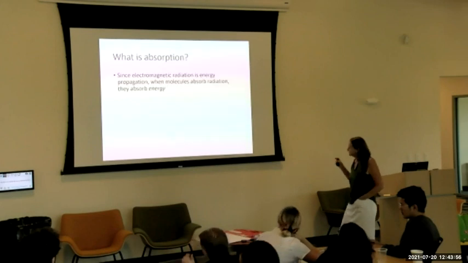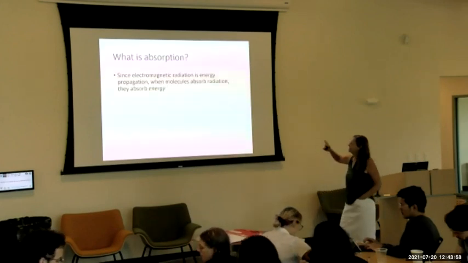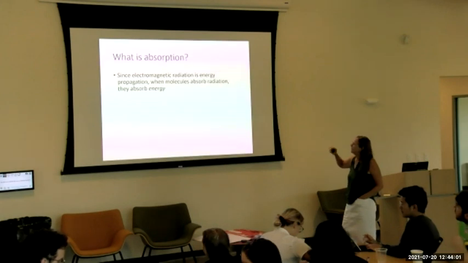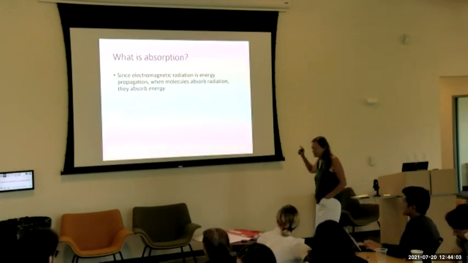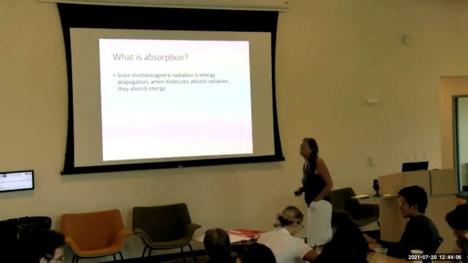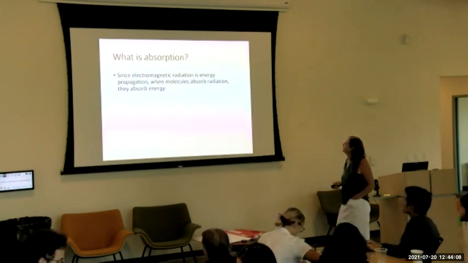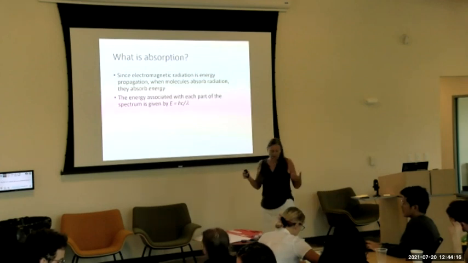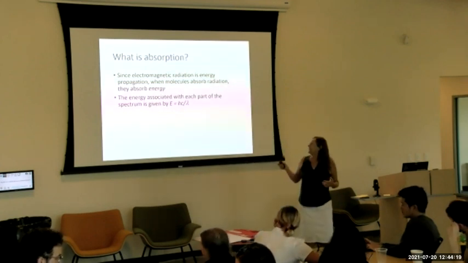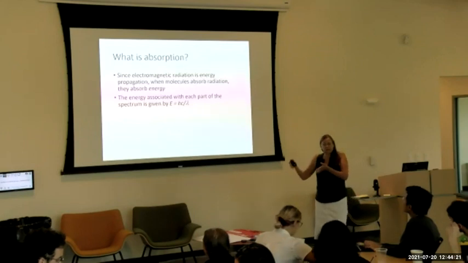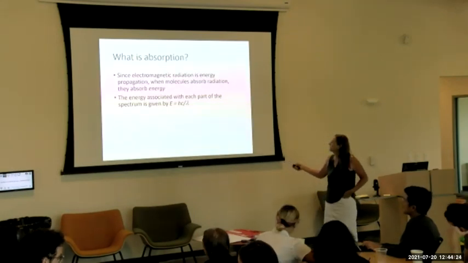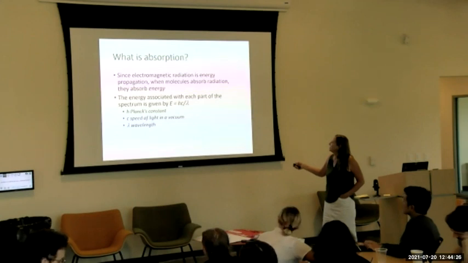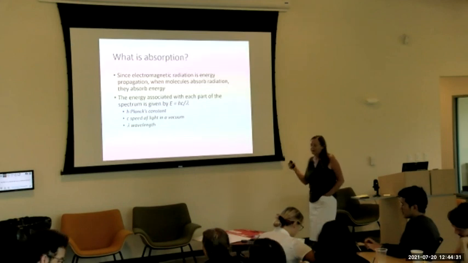Okay, so what's absorption? Since this energy is propagating, when a molecule is absorbing radiation, it's just absorbing the energy associated with that propagating wave. If we just want to talk about the visible spectrum, from blue to red, the energy associated with each part of that spectrum can be described by this equation, where the energy is the product of the speed of light and Planck's constant divided by wavelength, E = hc/λ.